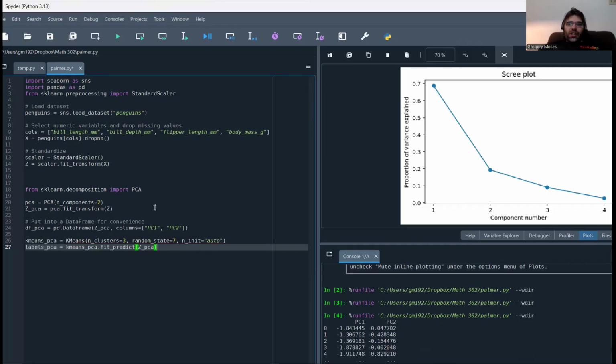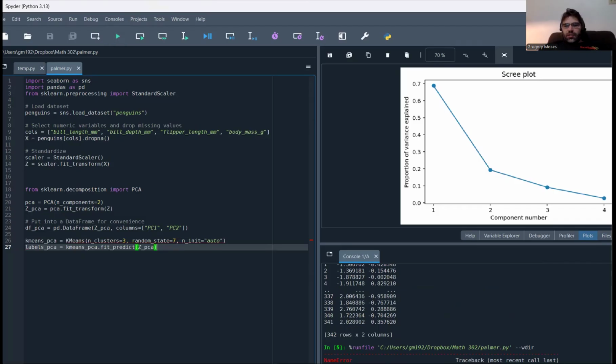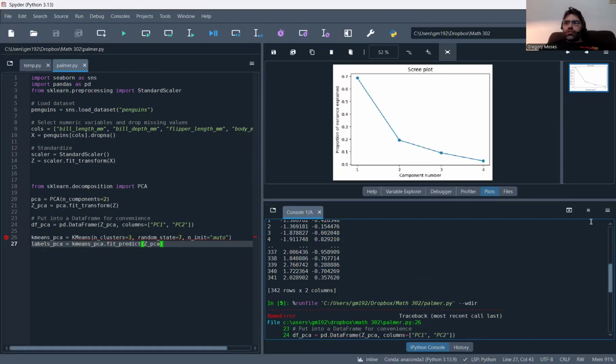Once we have performed PCA, we can perform k-means clustering. Okay, now we've got some kind of error, which I am not going to try to troubleshoot live. Let me pause this.